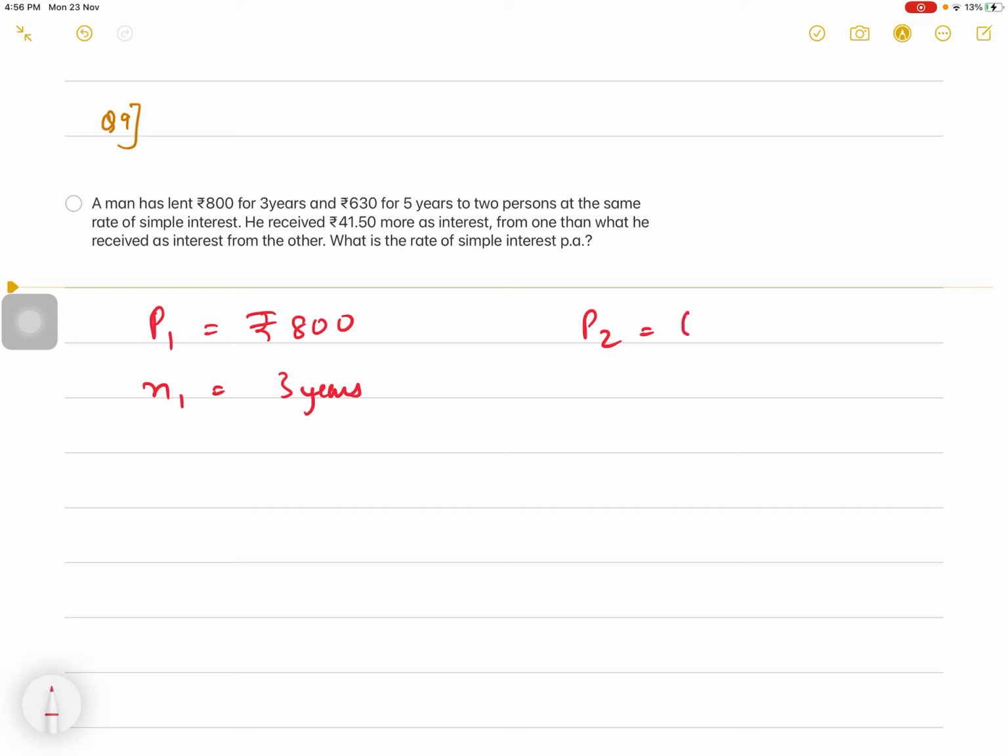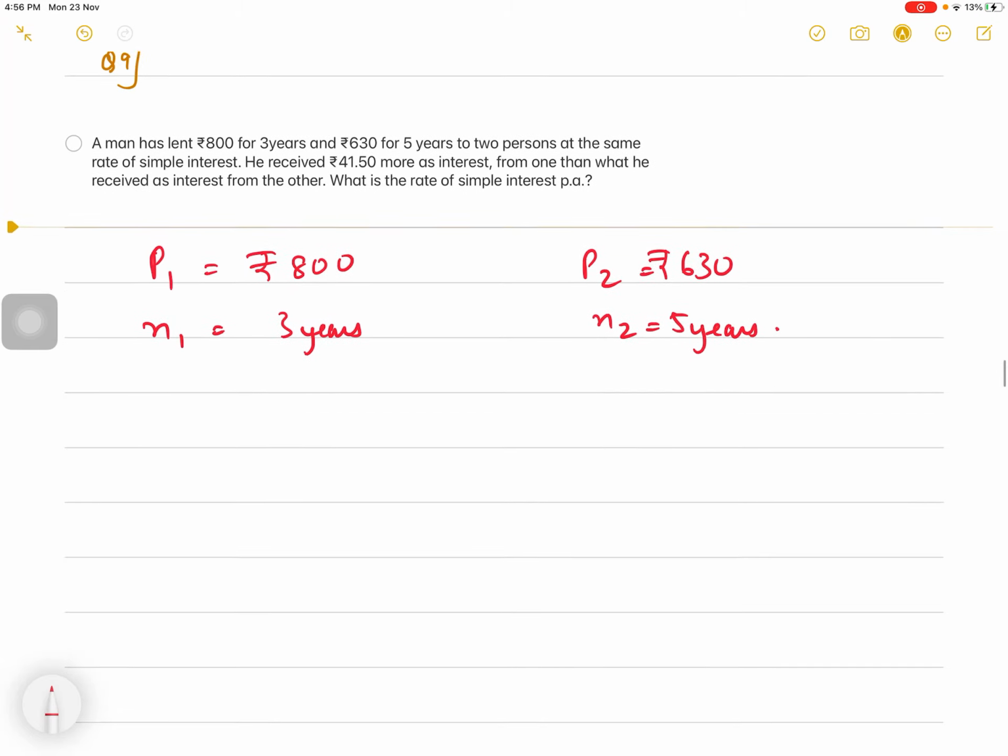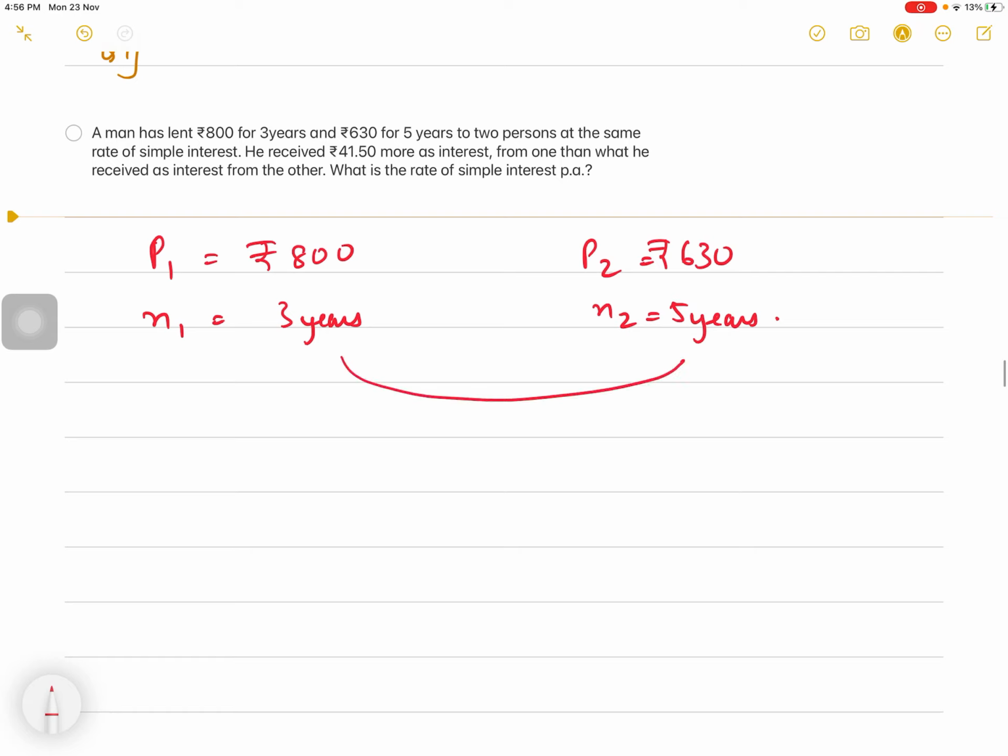So principal 2 is rupees 630, and N2 is 5 years, at the same rate of simple interest, so R is the same in both the cases. And he received 41.50 more as interest. So the difference between both the simple interests is 41.50.